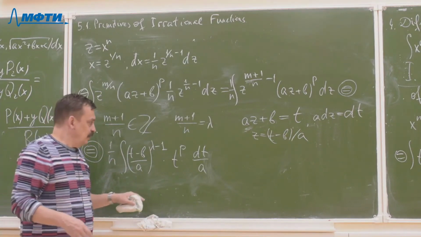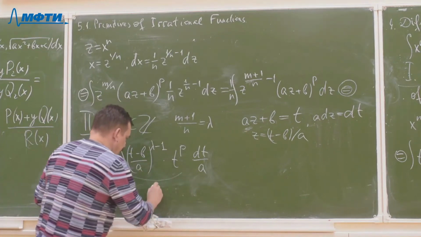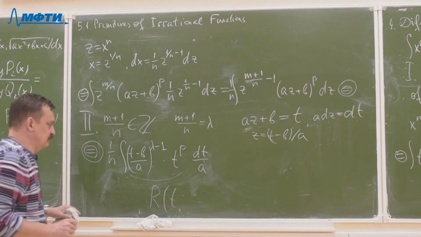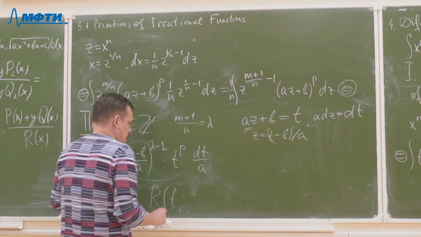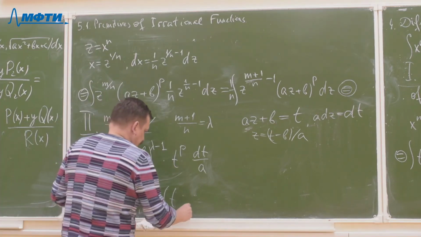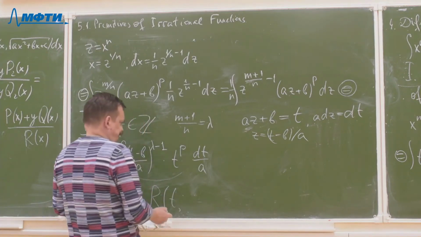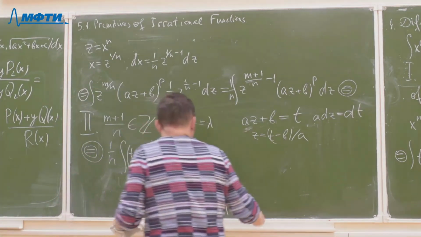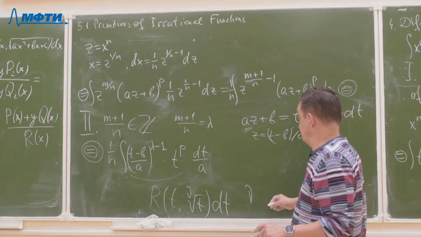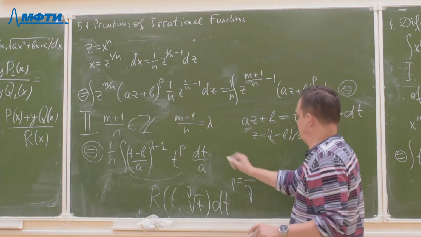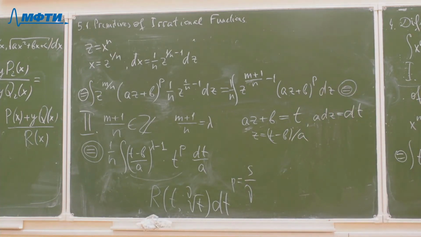It means that now we have a rational function of t and t to the power nu, where nu is the denominator of p. So p is something like s over nu, right? So we know how to compute this.